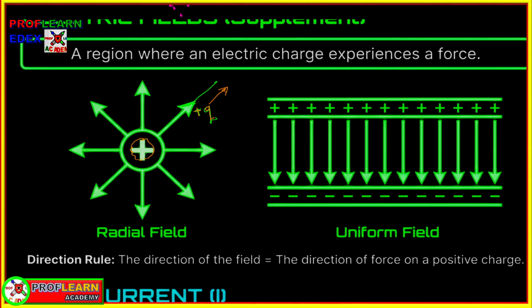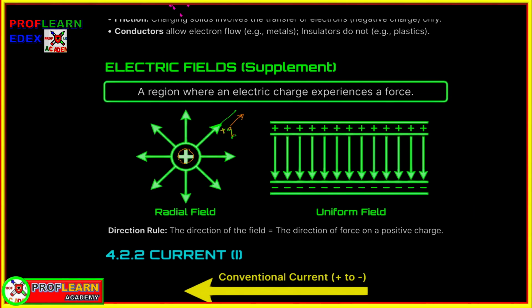So in the exam, in the event you are told to indicate the direction of fields, you need to have in mind that the direction should be outward for positive charges, but for electrons, for negative charges, it is different. For instance, if you have a negative charge here and you are told to draw electric field patterns, you'll have to draw the direction arrows facing towards the negative charge.